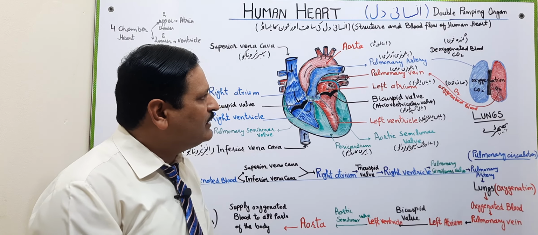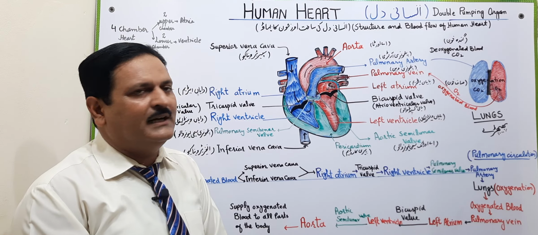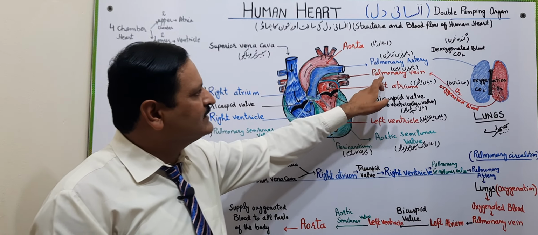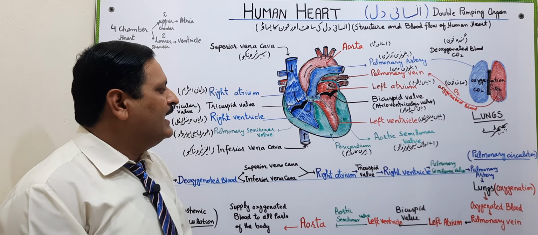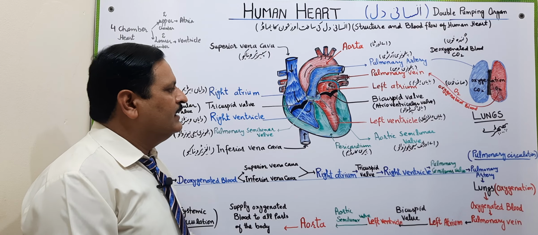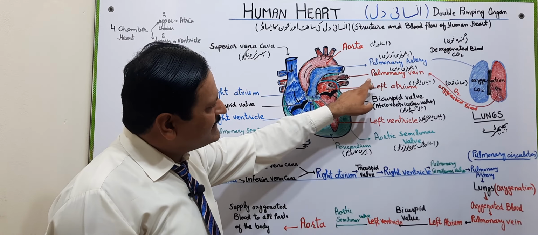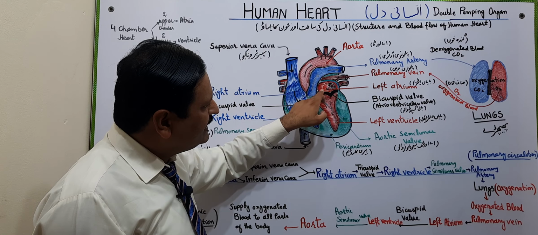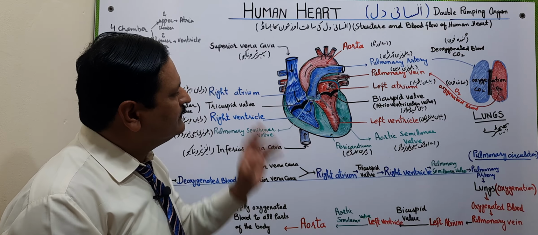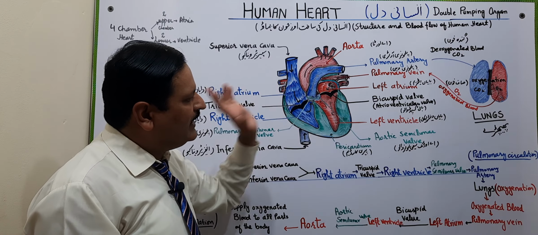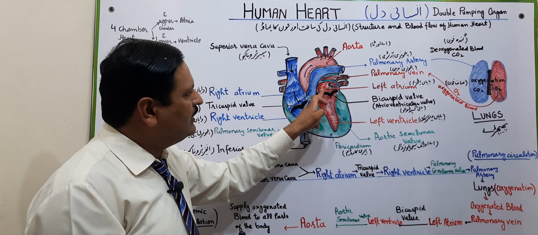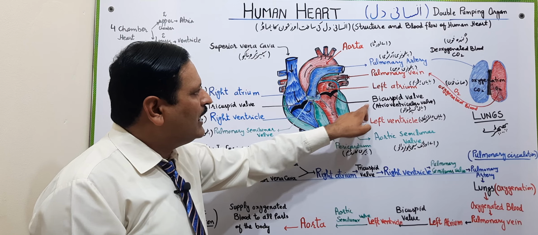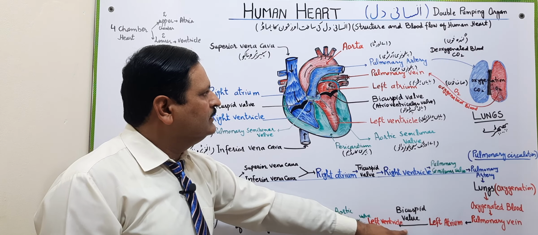The vein which carries oxygenated blood from the lungs to the heart is called the pulmonary vein, and the pulmonary vein takes blood from the lungs to the left atrium of the heart, and then this oxygenated blood moves to the left ventricle through a bicuspid valve.